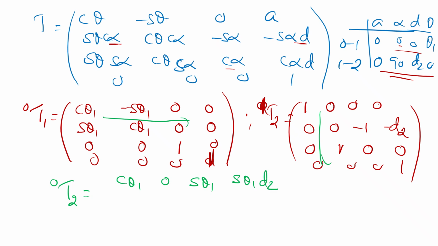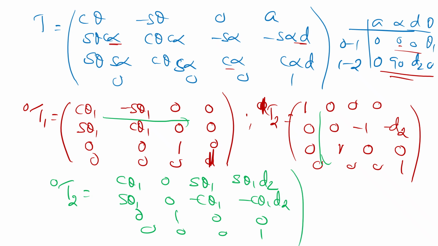Then when you multiply this, you will get S theta 1, C 0, and minus C theta 1 D2. The next one is 0, 1, 0, 0, 0, 0, 1. That's all. So this is my OM matrix.